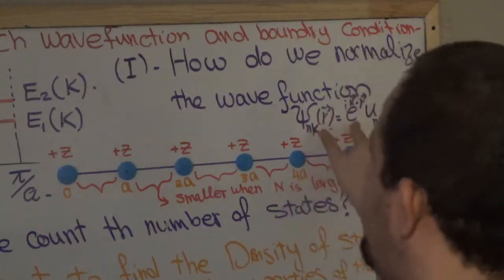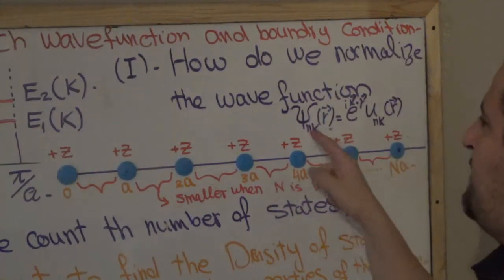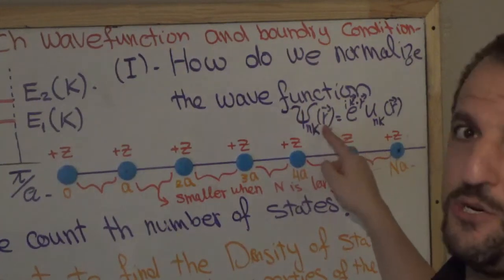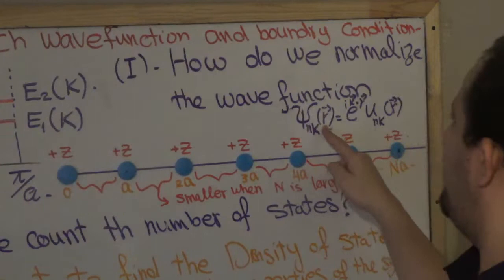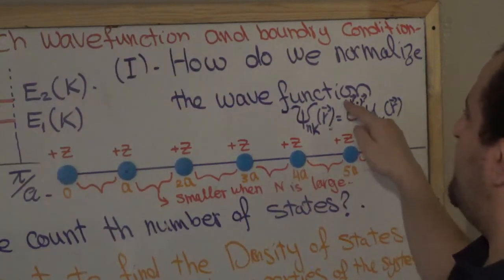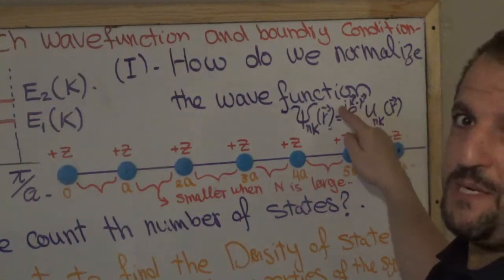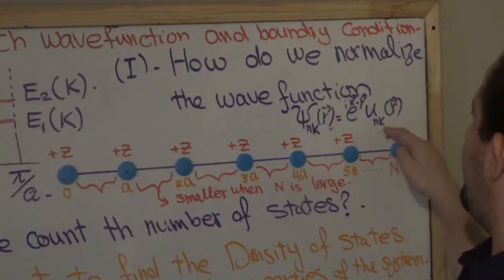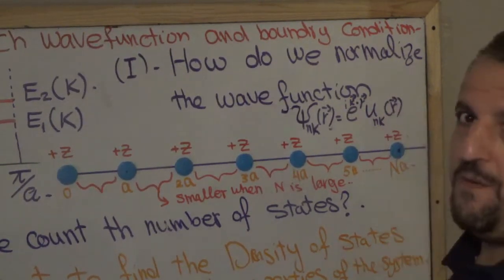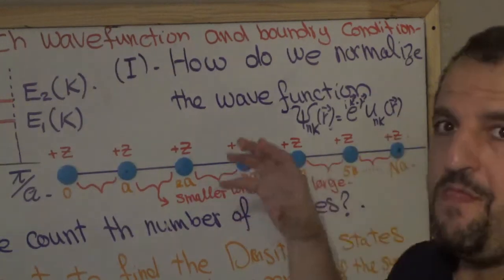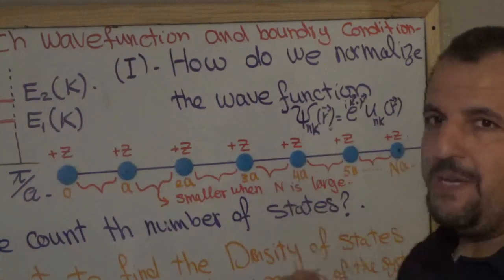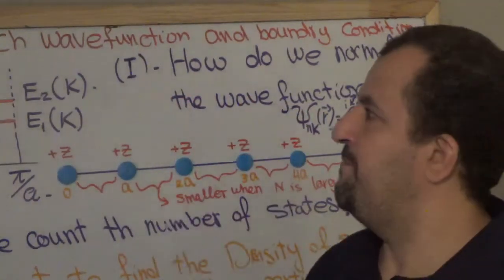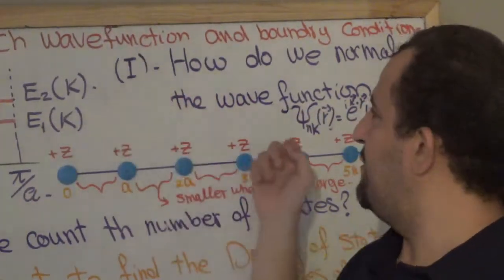We know that the Bloch wave function is psi nk as a function of r, the position vector, equal to exponential i, the complex number, k dot r, times u nk as a function of r. What is this u here? The u that we have right here is the periodic function that we include in Bloch's equation.